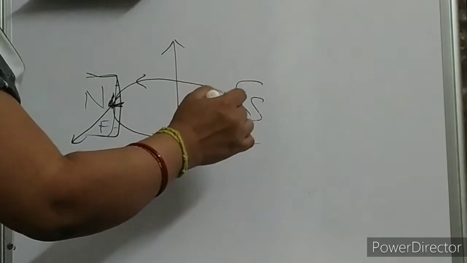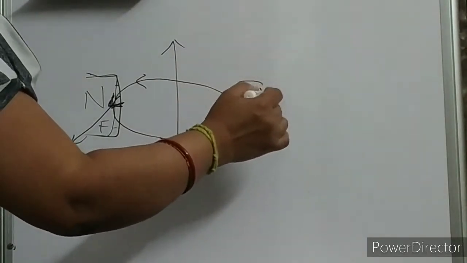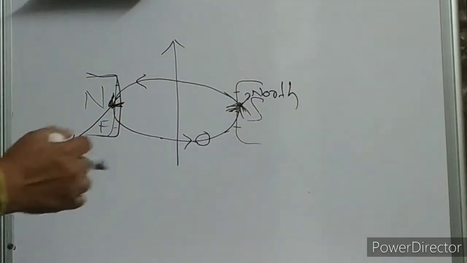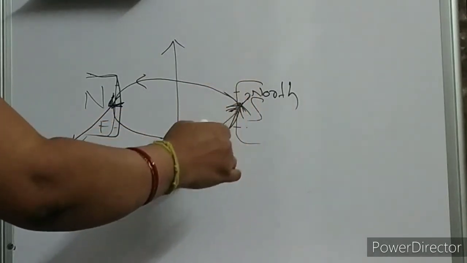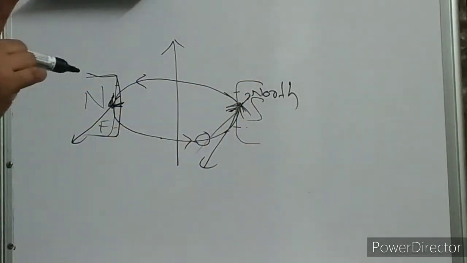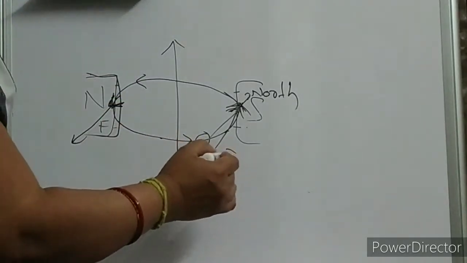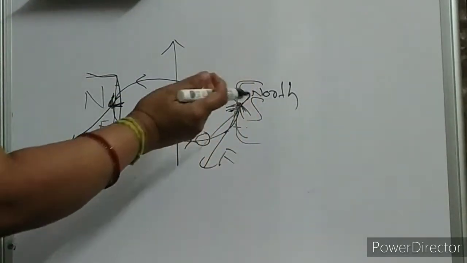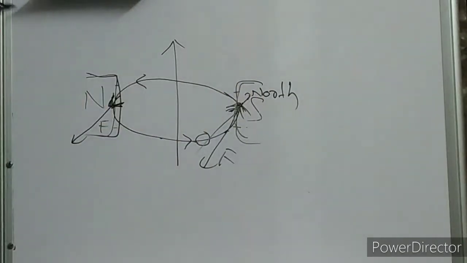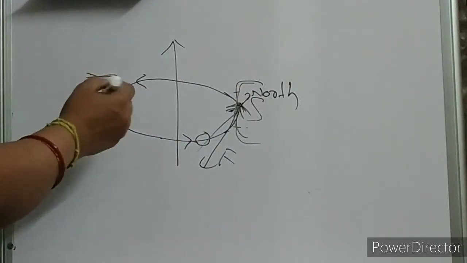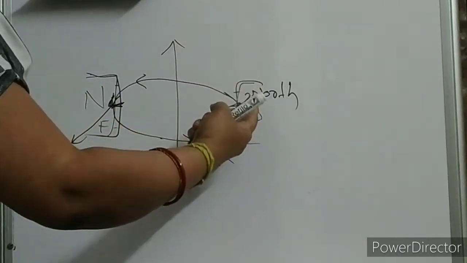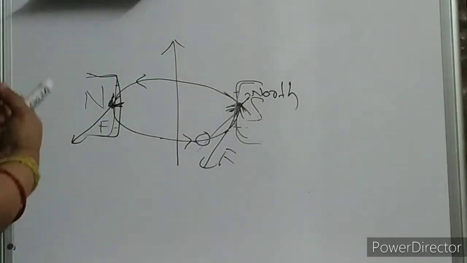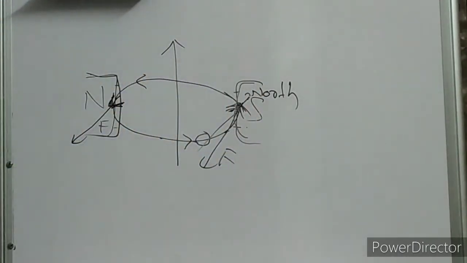So that means this is the way north pole is experiencing the force, but this is your south pole. That means it is opposite to that. Is it clear, children? So this south pole will experience the force in outward direction. See, this is also outward direction, out of the board. Now force experienced by this magnet is out of the board.